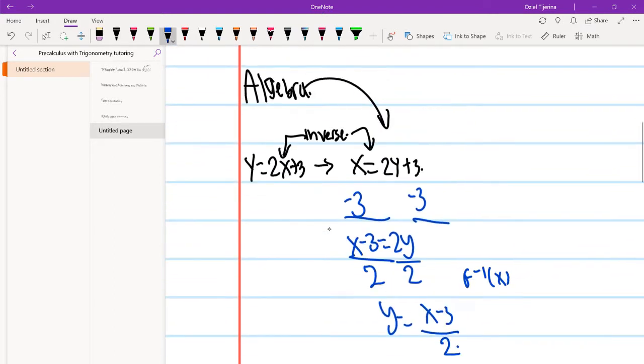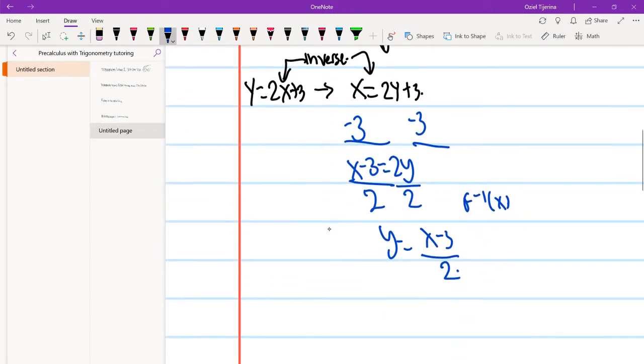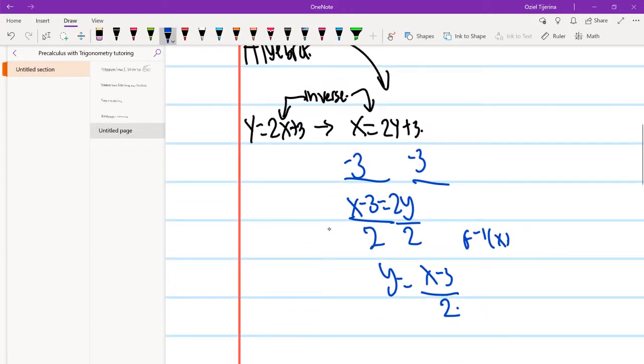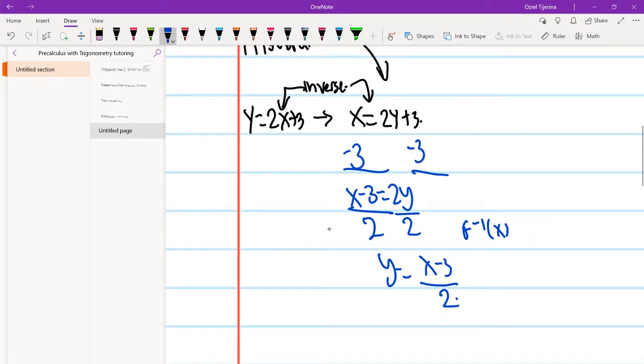So basically, it works kind of the same way in trig.